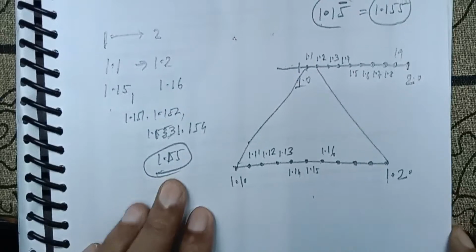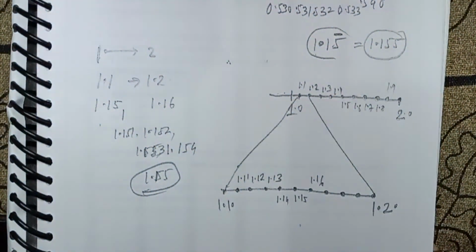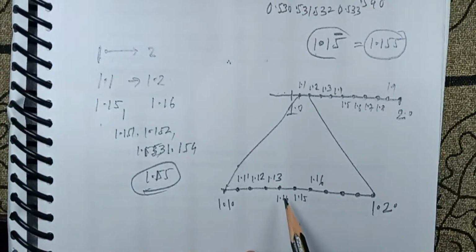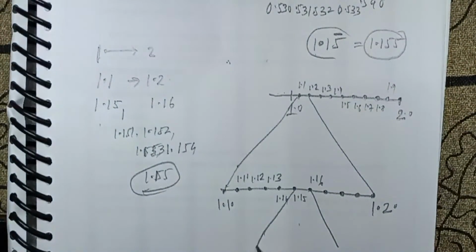So this particular number 1.155 belongs to what? To 1.15 and 1.16. Again you have to magnify it.